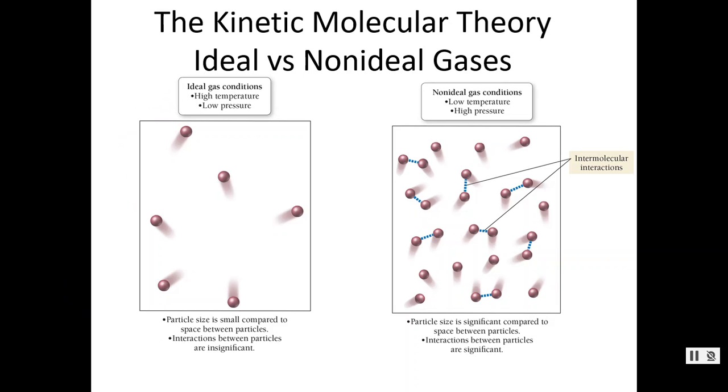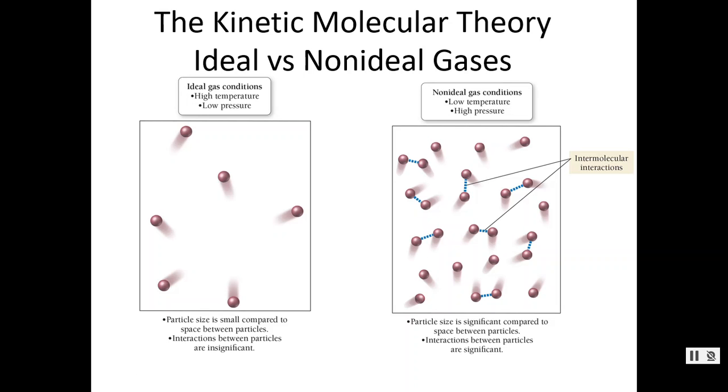Where things get a little more complicated is if you have a gas at non-ideal conditions. Particularly, this is at temperatures that are very low or at pressures that are very high, because with either of those conditions the gas molecules start to slow down. And when they slow down, there is more chance for intermolecular interactions to occur between gas molecules.